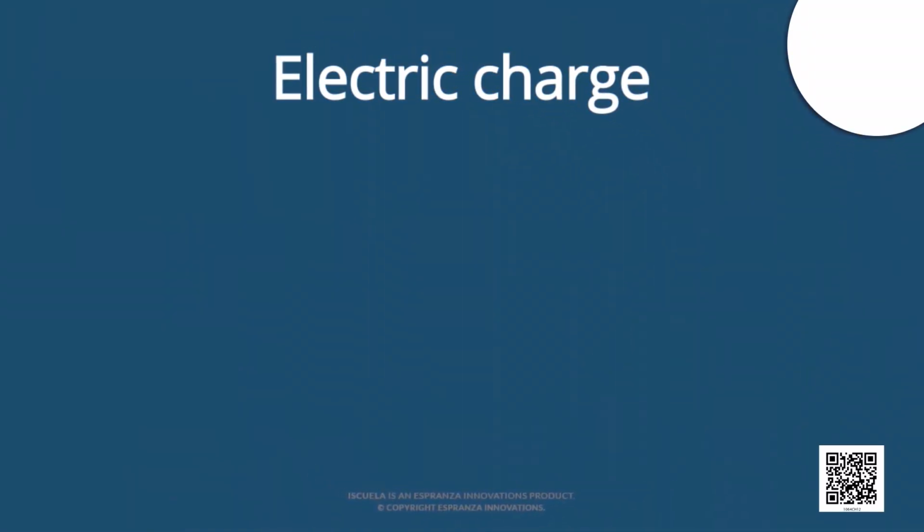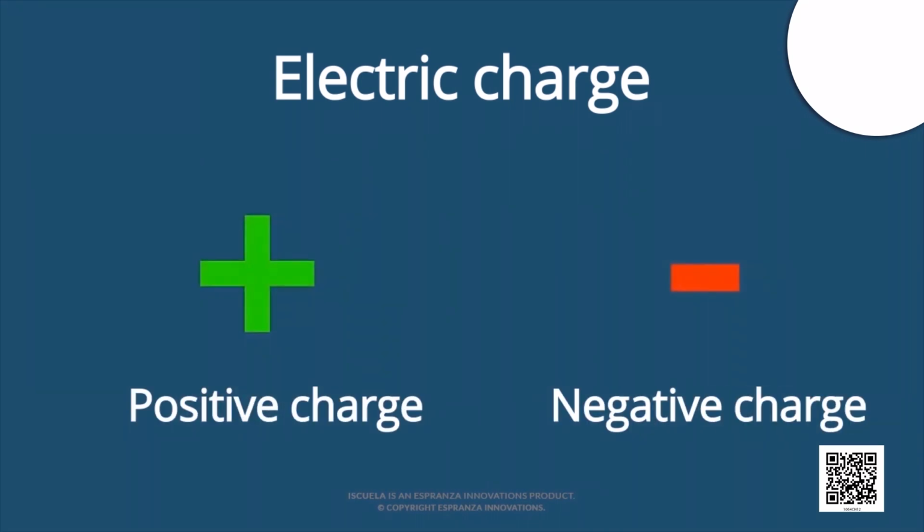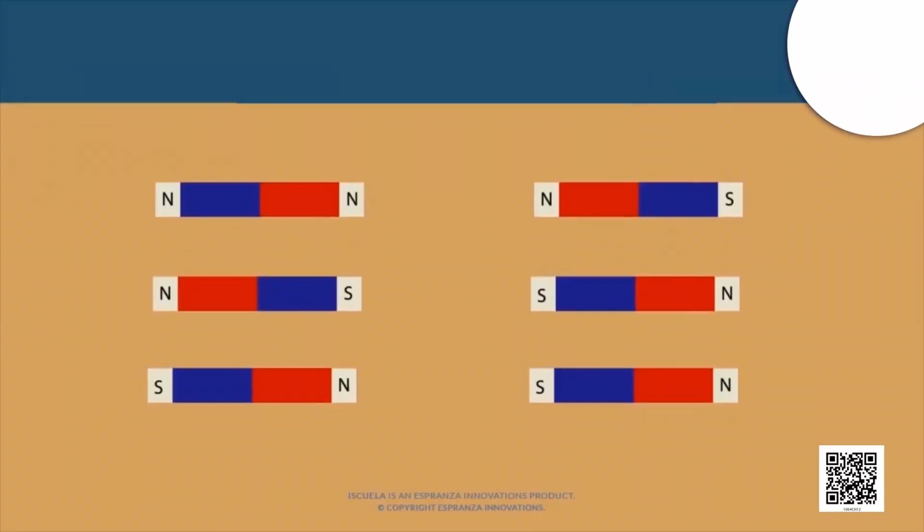We already know that charges are of two types, the positive charge and the negative charge. Here, if we try to recollect about the magnets, then we also know that every magnet has two poles, a north pole and a south pole.